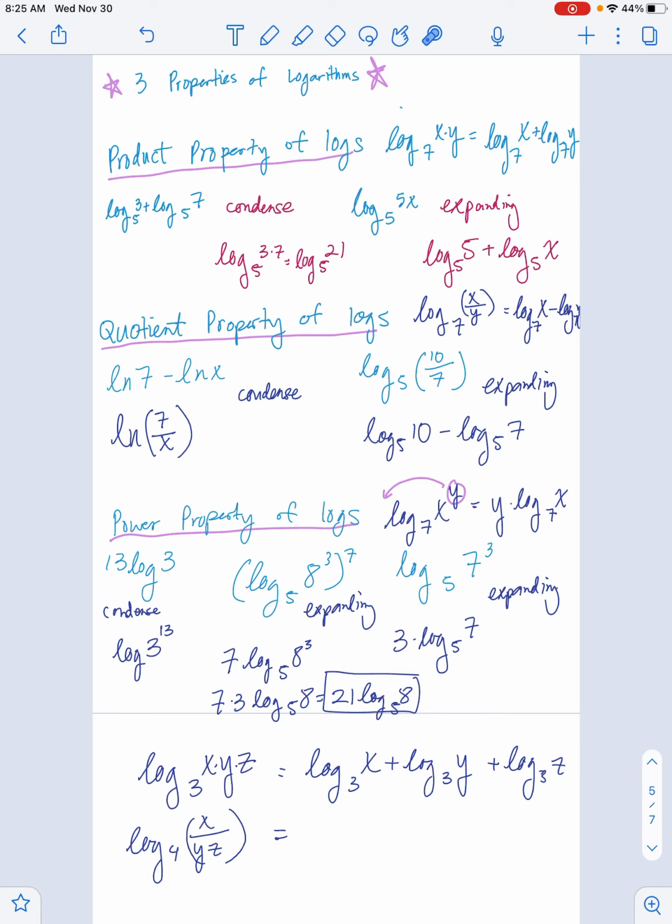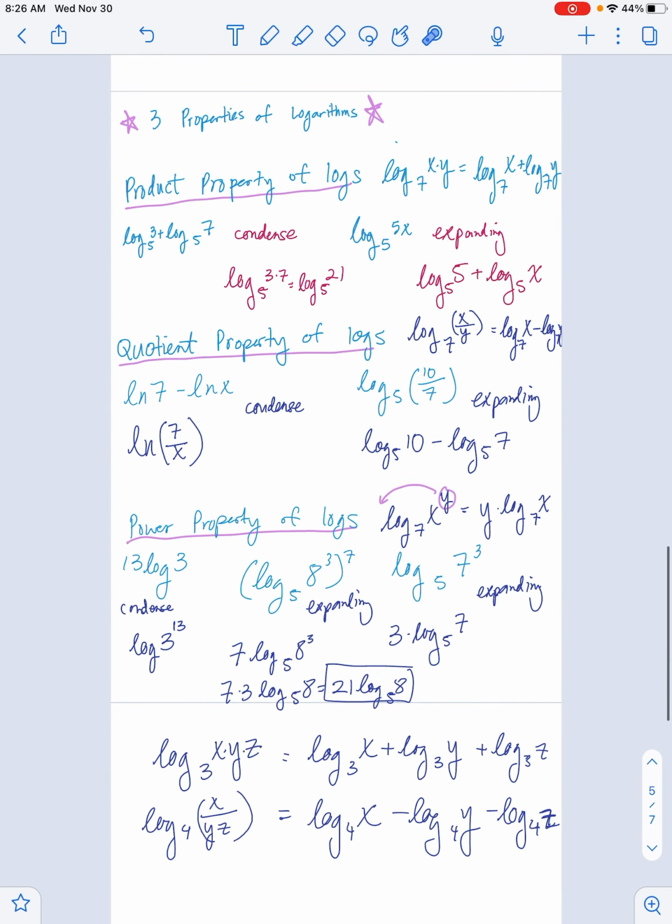Okay, so just like here, when I have x divided by y, it was log base 7 of x minus log base 7 of y. So whatever is in the denominator will be subtracted when it's expanded. Okay, so the answer for this would be log base 4 of x minus log base 4 of y, and an additional minus log base 4 of z, since both the z and the y are in the denominator. They both are subtracting when I do my expansion.